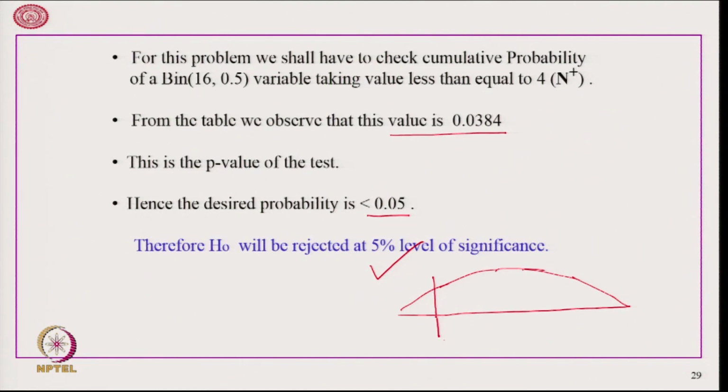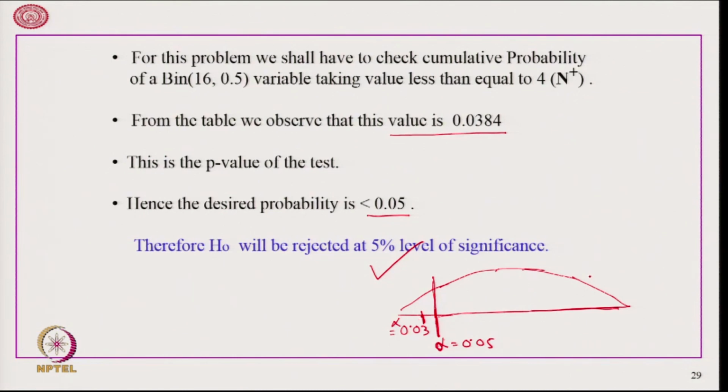That means, if this is the cutoff above which there should be 95% of the observations, but in this case we have found the value to be 0.03, which is less than alpha equal to 0.05, that is 5%. Therefore, because it is a one sided test and this value is less than the cutoff point, we are going to reject the null hypothesis.